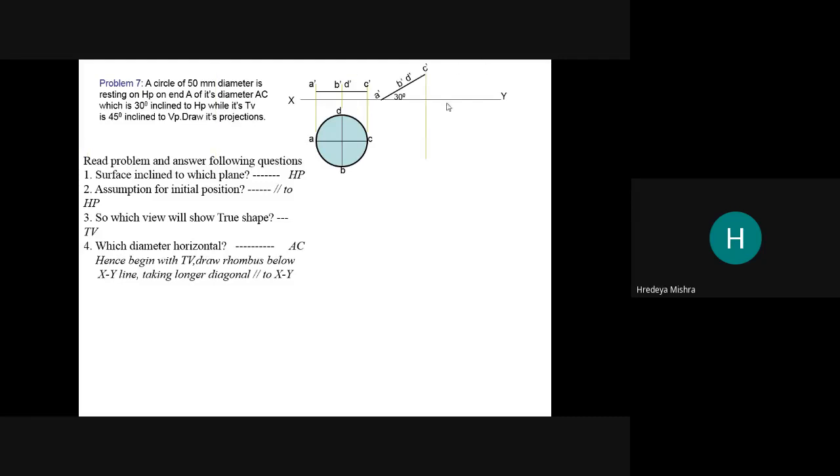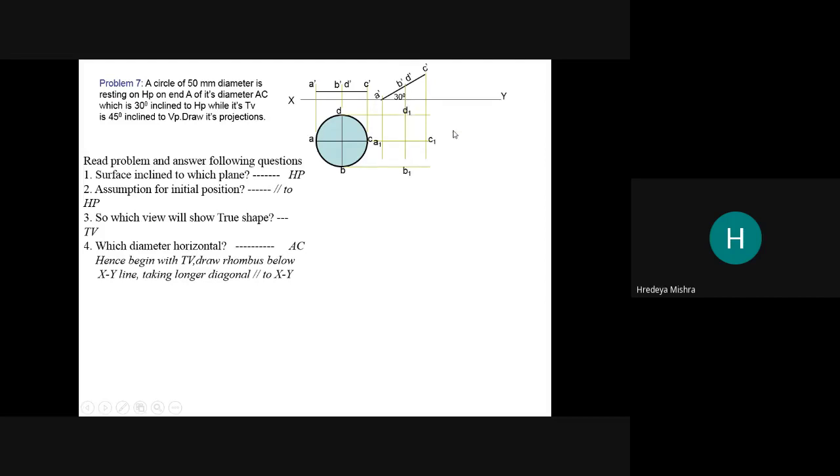Now see, we incline 30 degree and take this side like this and point out the distance. Now mark the inclination, and we give the points here: D1, C1, B1 and A1.